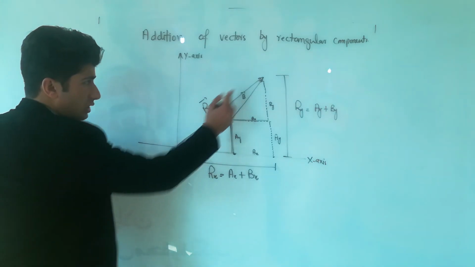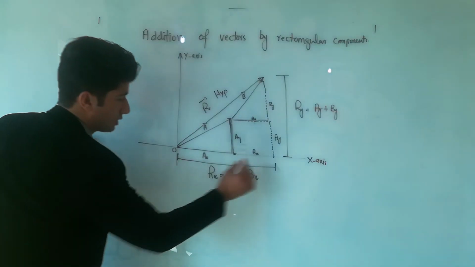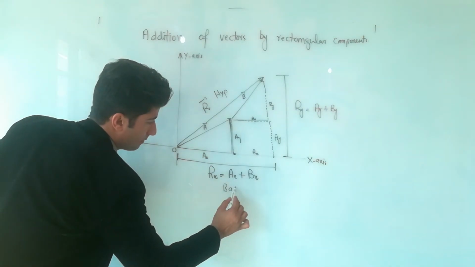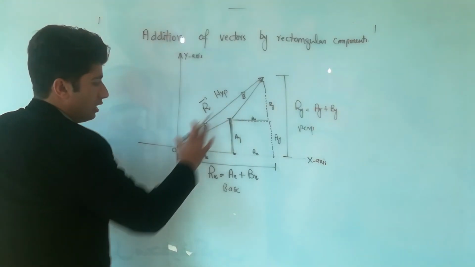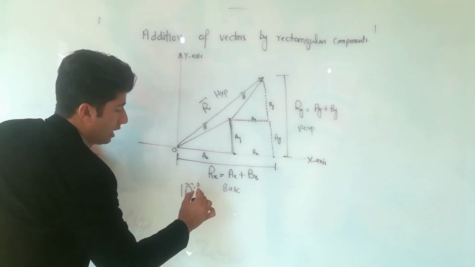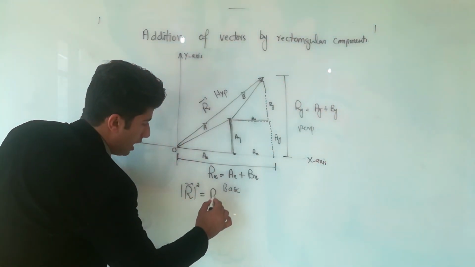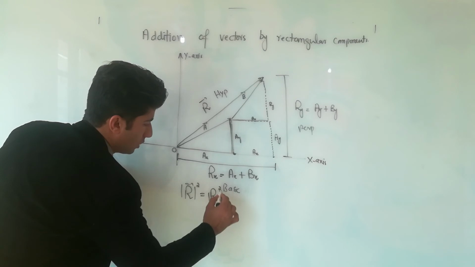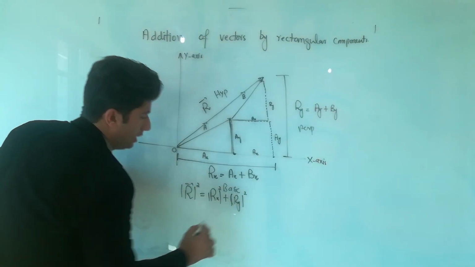This is the hypotenuse, this is the base, and this is the perpendicular. So hypotenuse square is equal to base square Rx plus perpendicular square Ry.